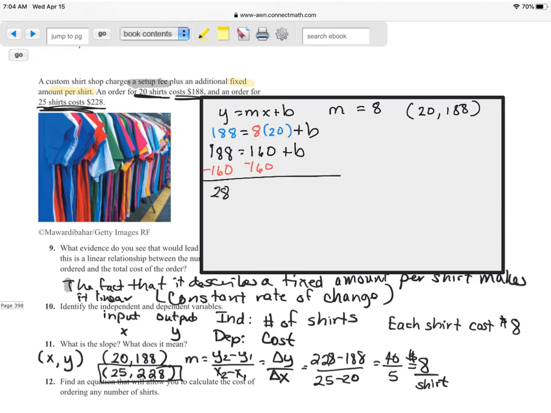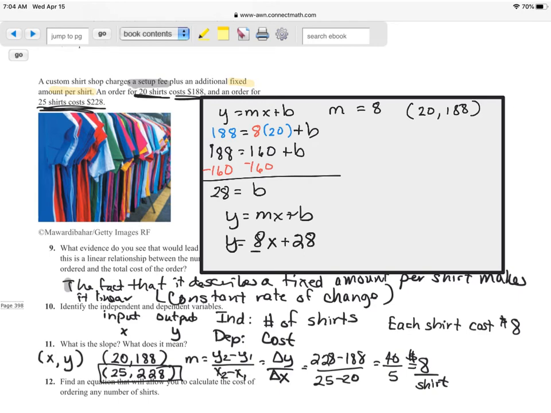And so I have 28 equals b. So do I have my slope of 8? Yes. Do I have my b of 28? Yes. So in my y equals mx plus b formula, I'm going to substitute my 8 in for my slope and my 28 for my y-intercept there.